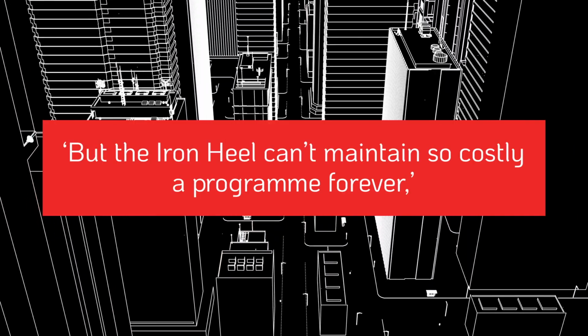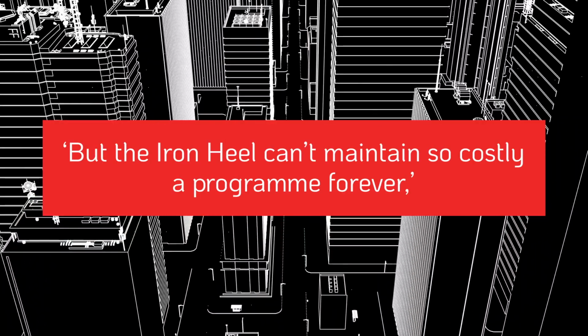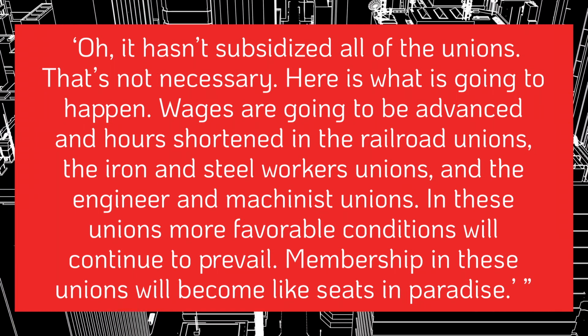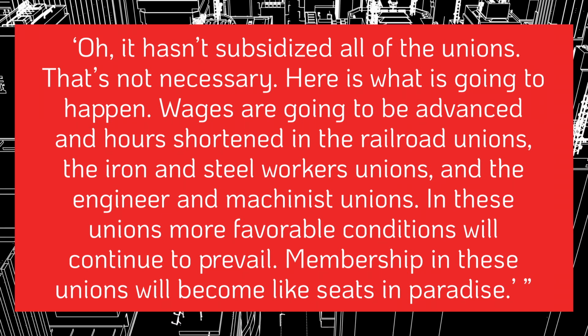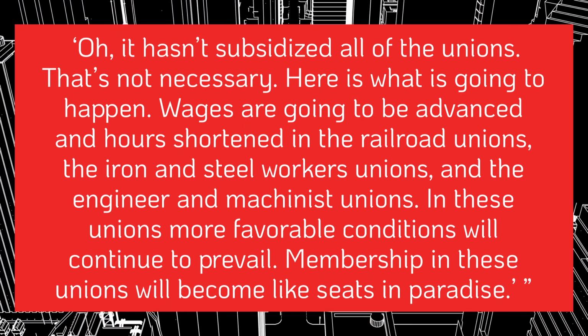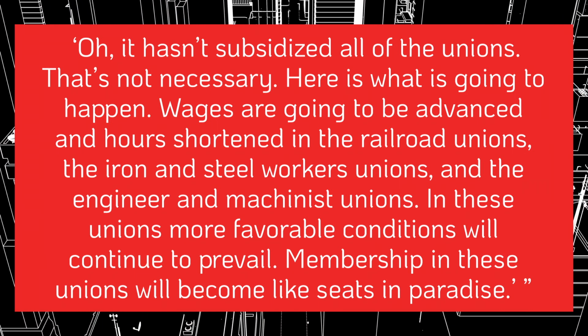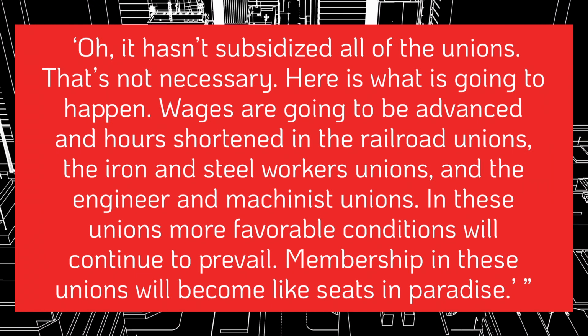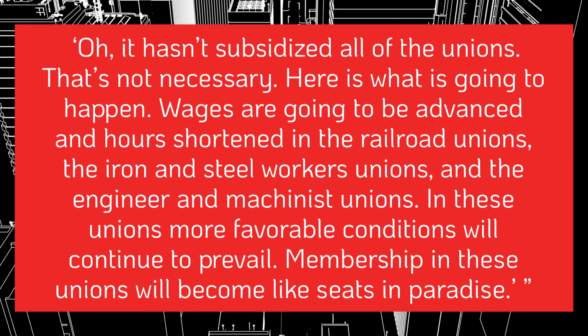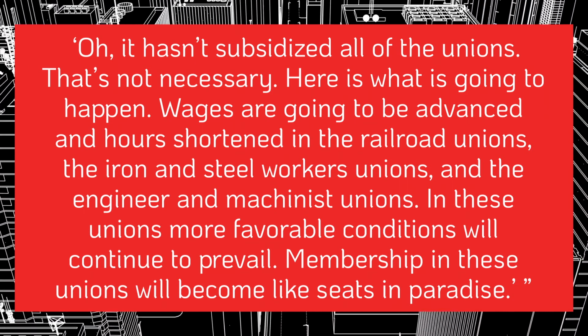But the Iron Heel can't maintain so costly a program forever. Oh, it hasn't subsidized all the unions. That's not necessary. Here is what is going to happen. Wages are going to be advanced and hours shortened in the railroad unions, the iron and steel worker union, and the engineer and machinist union. In these unions, more favorable conditions will continue to prevail. Membership in these unions will become like seats in paradise.